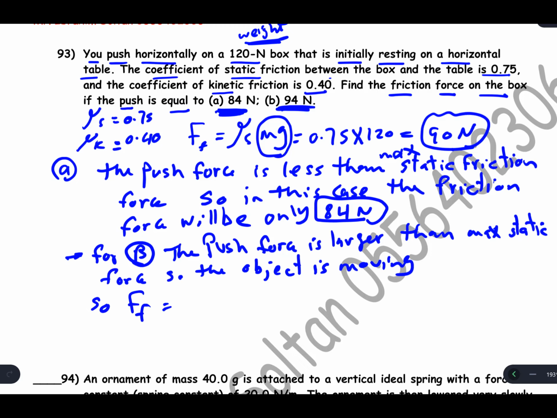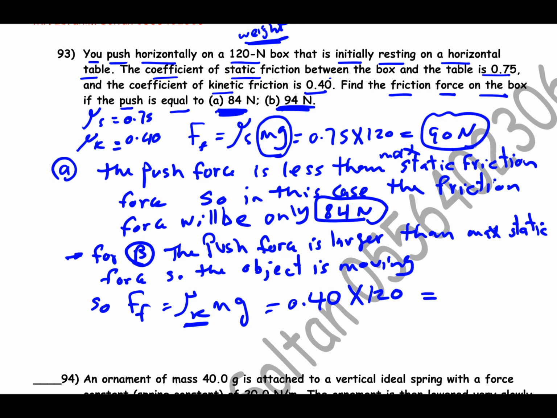So F friction equals mu K times mg. So mu K is 0.40 times mg, 120.